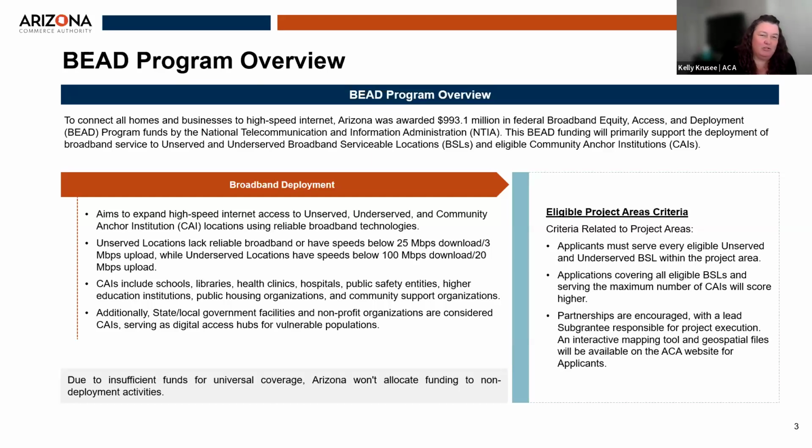And then partnerships are encouraged. If you are partnering, there just has to be one lead subgrantee responsible for the project execution. And for BEAD applicants, there are mapping tools and geospatial files available on the website as you go through the application process. Next slide, please.